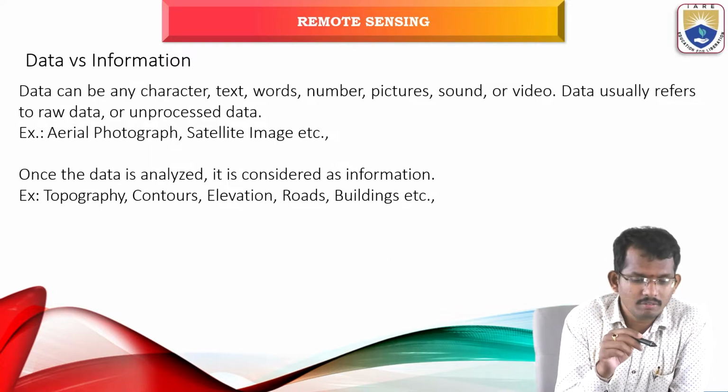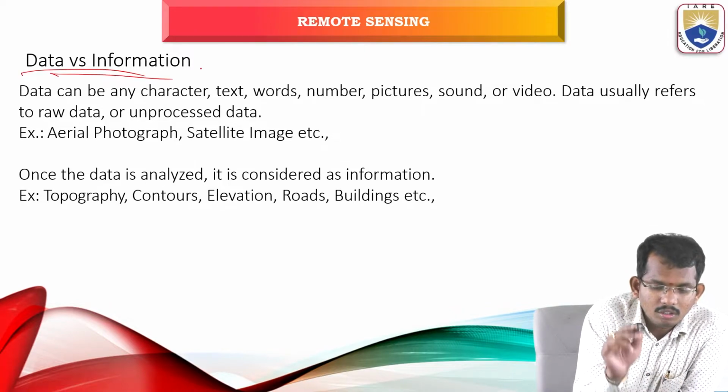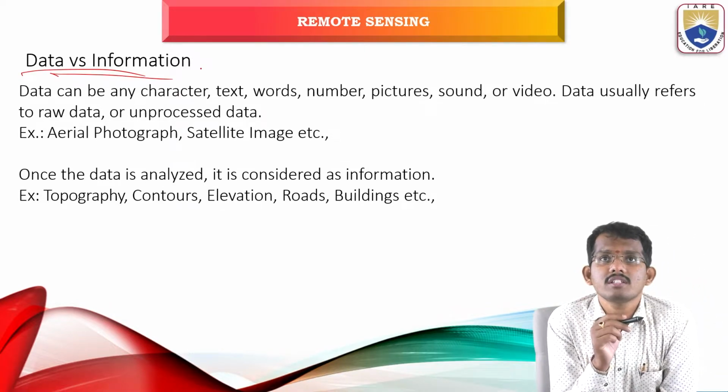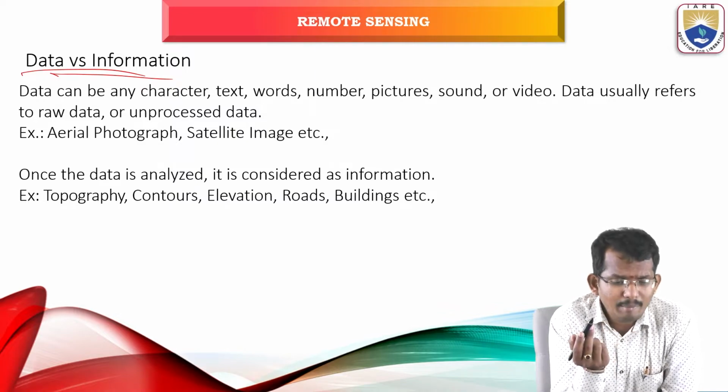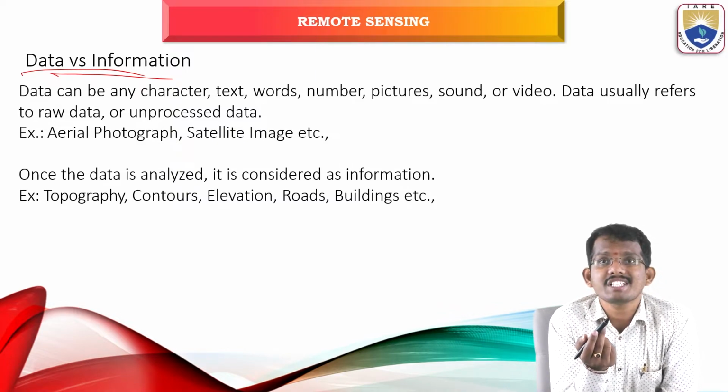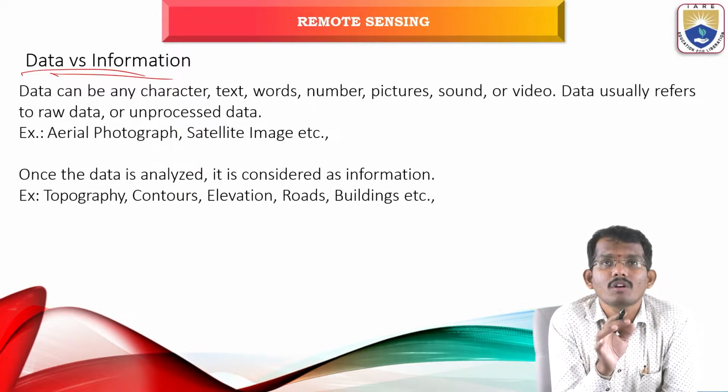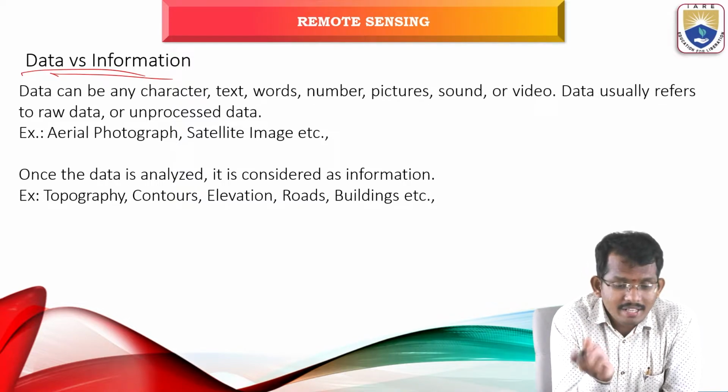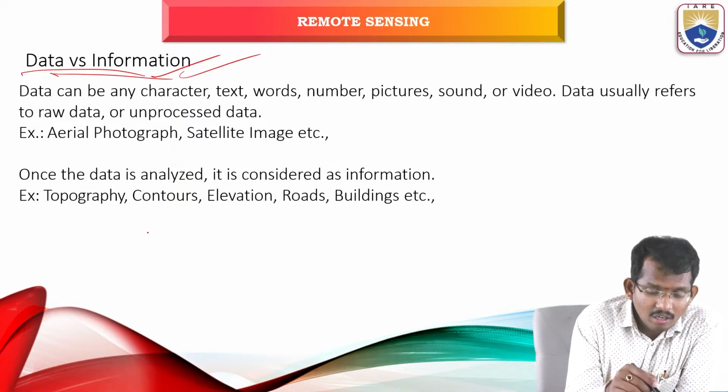Data versus information. Now what is data and what is information? Data can be any character or text, word, number, picture, sound or video. Data usually refers to raw data, whereas information means the output.